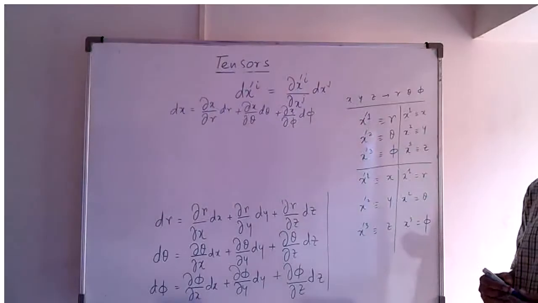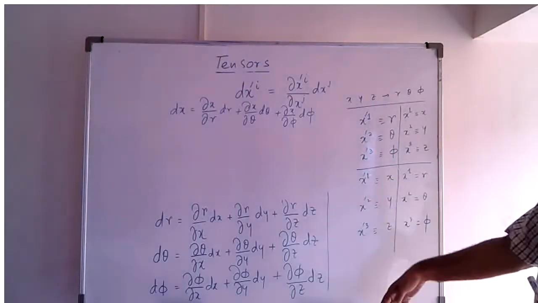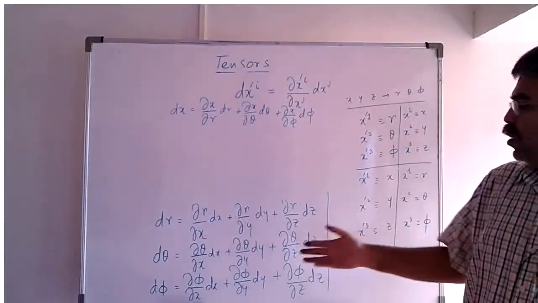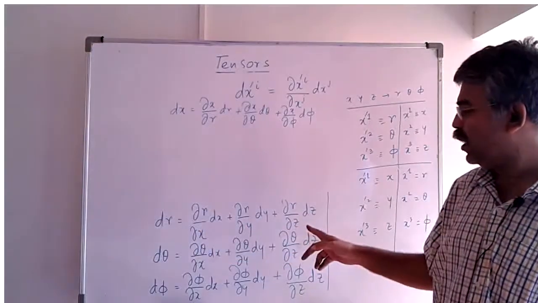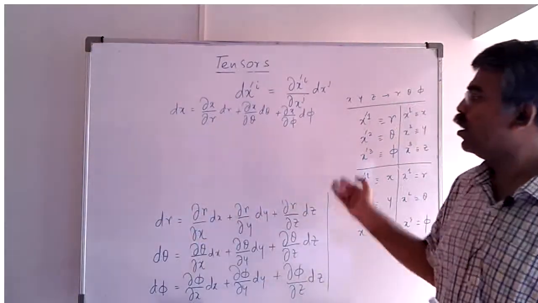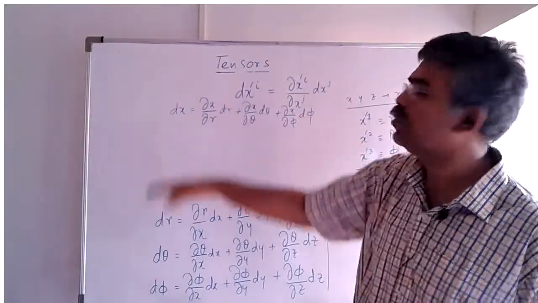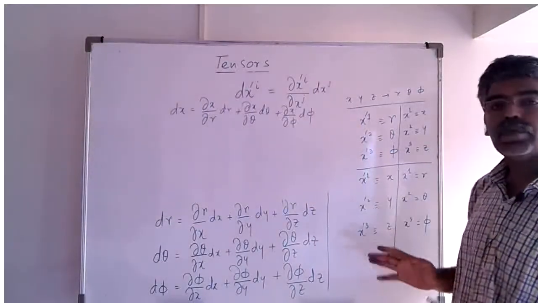This is the relation. So you can go from dx, dy, dz with coefficients like these to dr, and you can go from dr, d theta, d phi to dx. Okay, I think you got it.